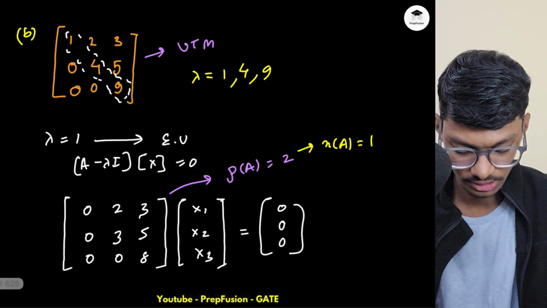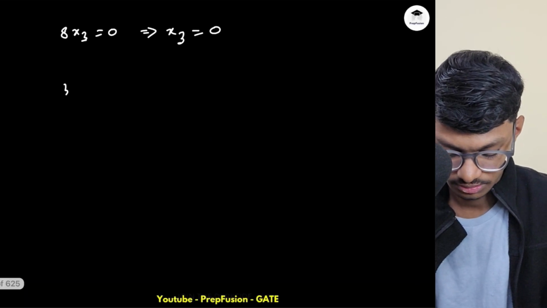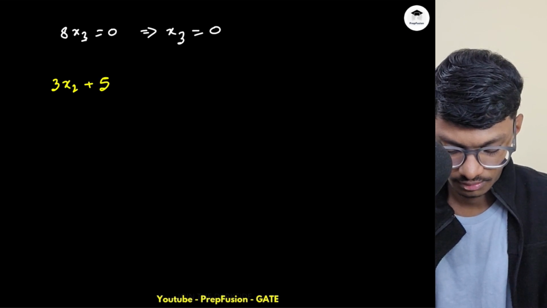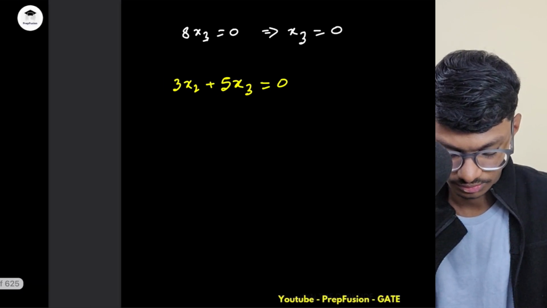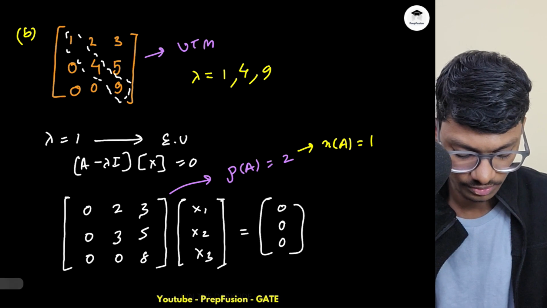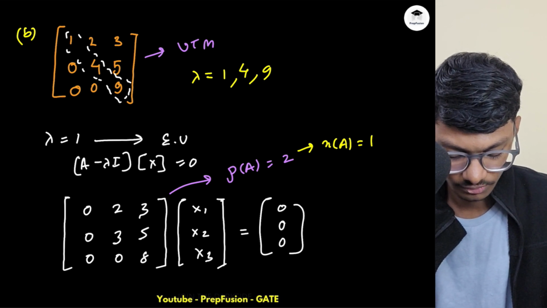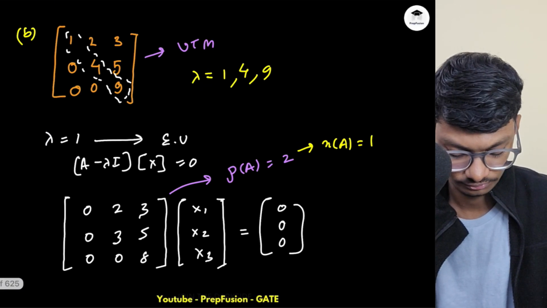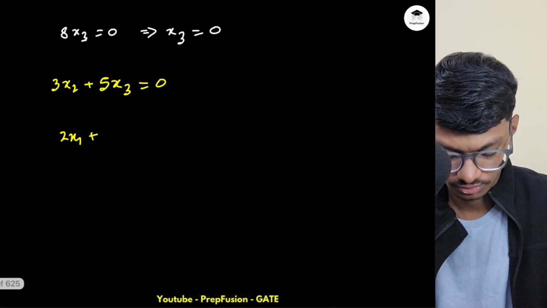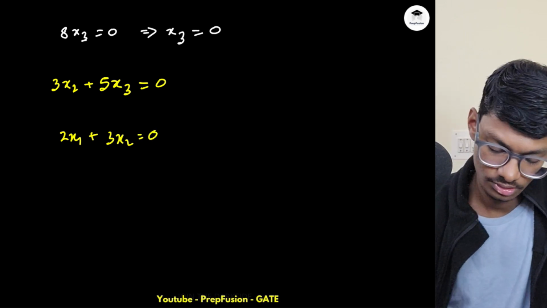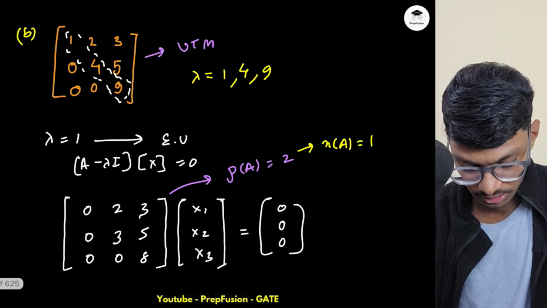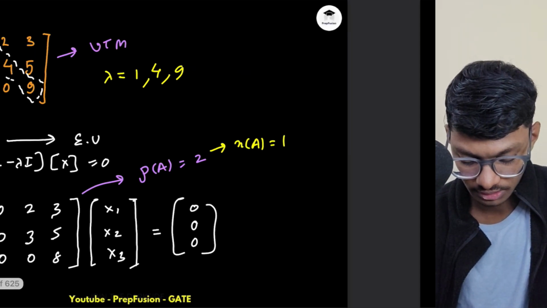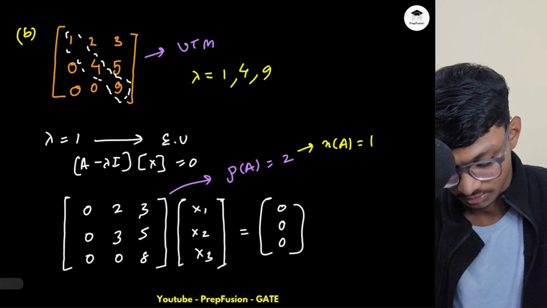Next, 3x2 plus 5x3 equals 0. Next, 2x1 plus 3x2 equals 0.